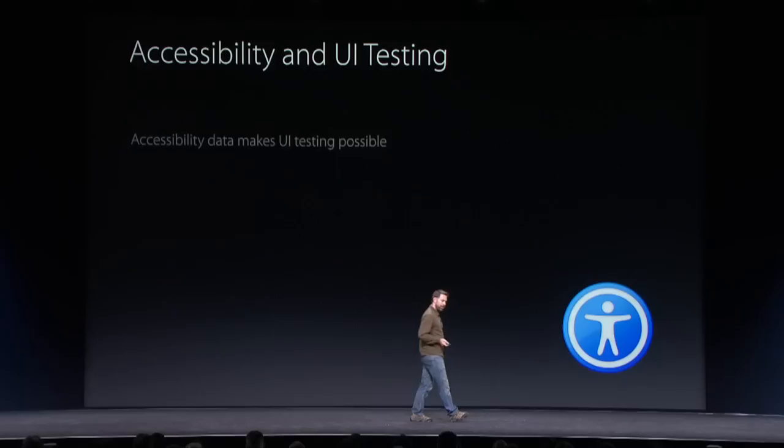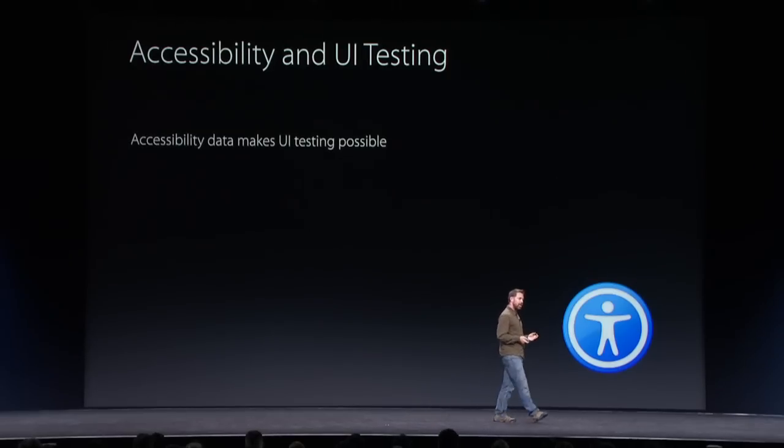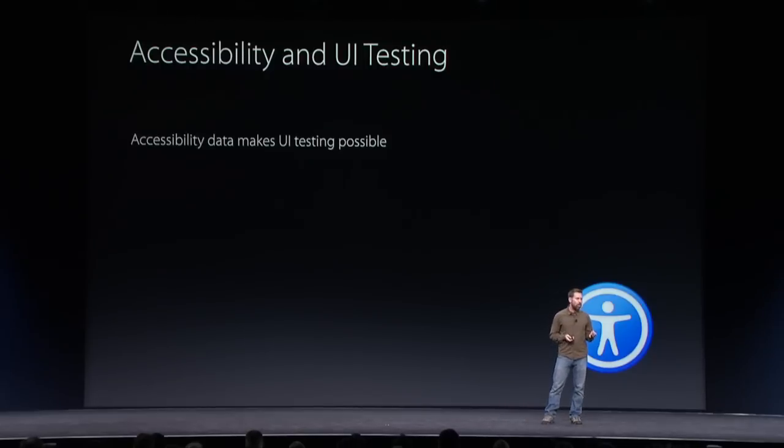So now I want to talk a little bit about accessibility in UI testing. I mentioned earlier that accessibility data is what makes UI testing possible. So given that, it's not hard to see how the quality of the accessibility data really impacts your testing.